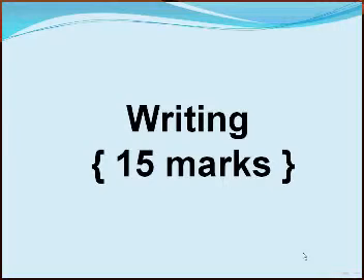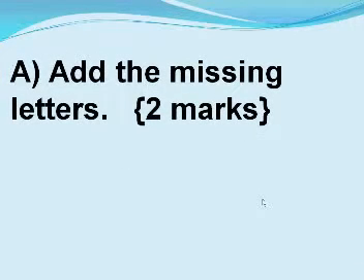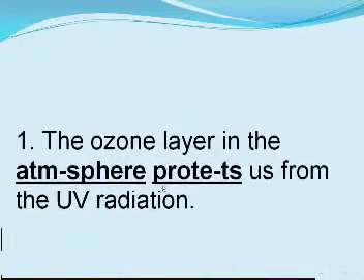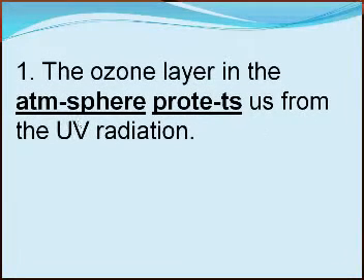And finally, we go to the writing section. We'll start with the easiest type of question, which is add the missing letters. Okay, look at that sentence. The ozone layer in the atmosphere protects us from the UV radiation.